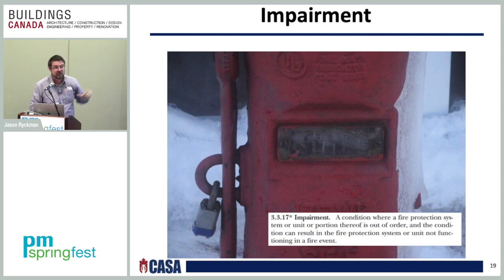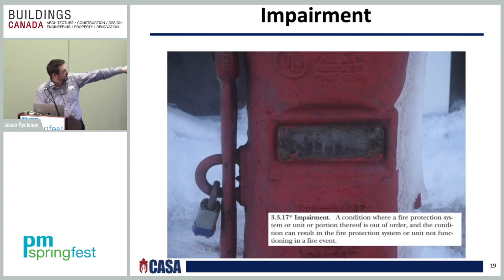If your system is impaired, you've got to get it fixed, because heaven forbid a fire occurs in your building and your system is impaired, you're going to have to go in front of a judge and explain why your system is not up and running. And I don't know about you, but I've been in court before. It's not fun. So make sure your system is not impaired.